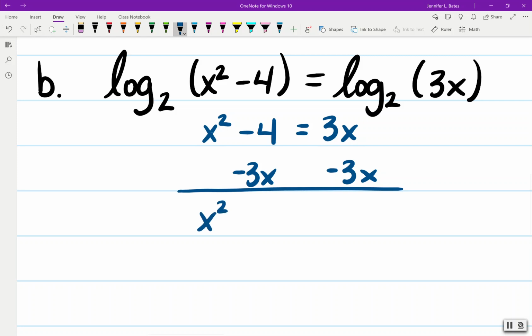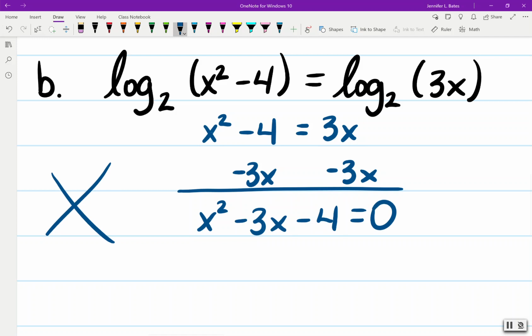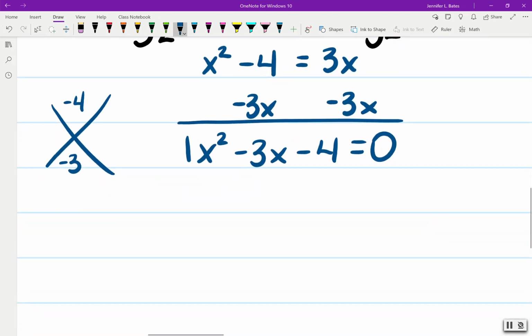So I have x squared minus 3x minus 4 is equal to 0. And now we're going to use the big X. On the top of the big X, remember we're taking 1 times negative 4, which is negative 4. Negative 3 goes in the bottom, and now I'm looking for two numbers that multiply to negative 4 but add to negative 3. Anybody have an idea?